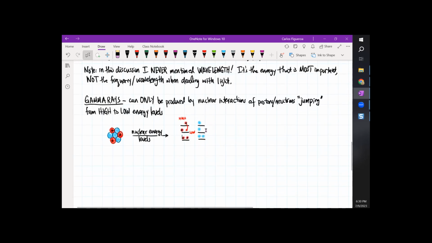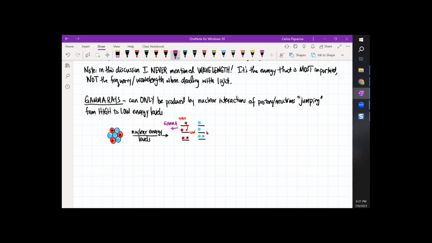As a consequence, you have to conserve energy. In this process, oops, I drew the arrow in the wrong direction. Let me get rid of that arrow here. There is an emission of a gamma ray. I'm drawing this too small.